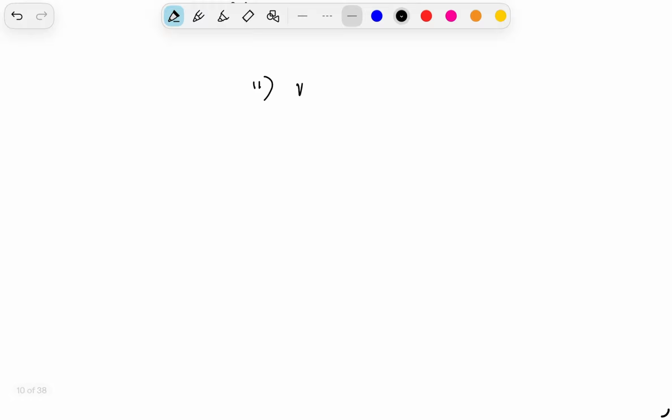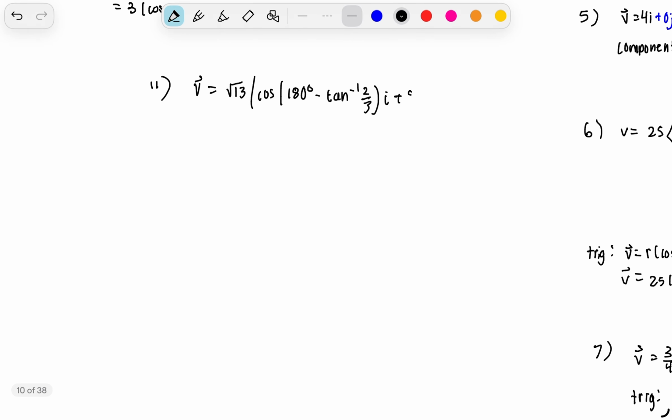Now, let's say we have another question, 11. Let's say for this vector we want our component form, which is going to be when you have ai plus bj, and we want exact values.